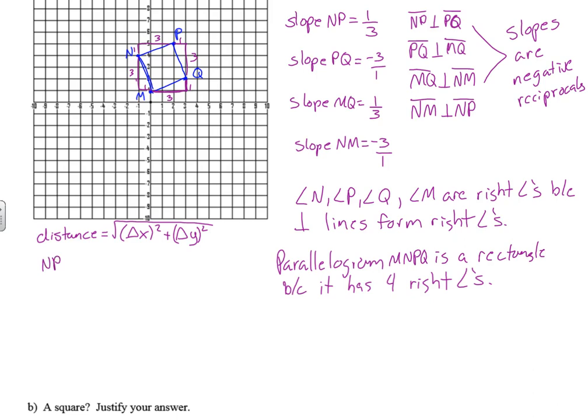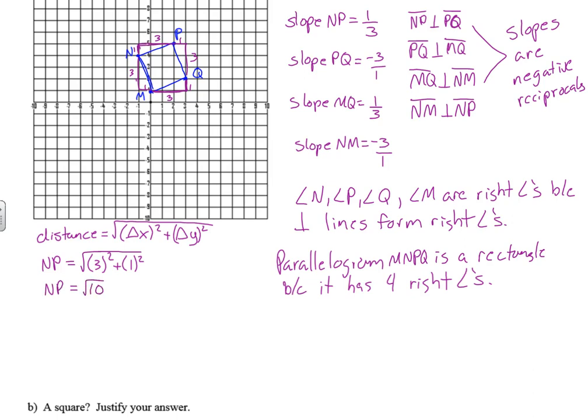So NP, now this is distance. I don't need to write the word distance. What is that? That's the square root of, let's go back up here. How's the x value changing? 3 squared. How's the y value changing? Going up 1 squared, this line right here. So that's going to be the square root of 10.